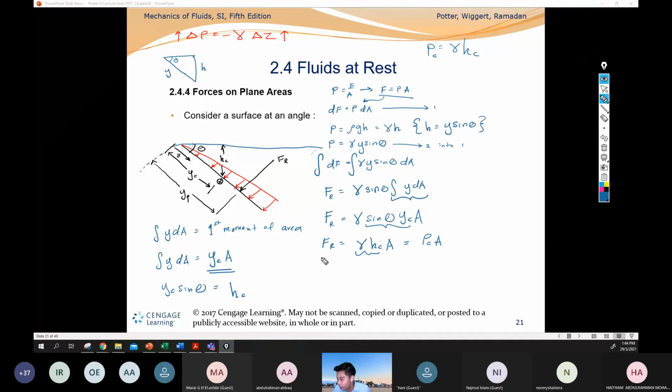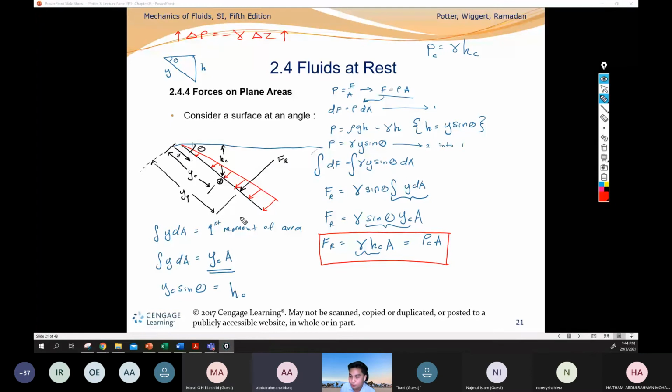So this is our equation that we are going to use frequently. Okay, so far you guys understand the simple derivations? Yes, doctor. Okay.